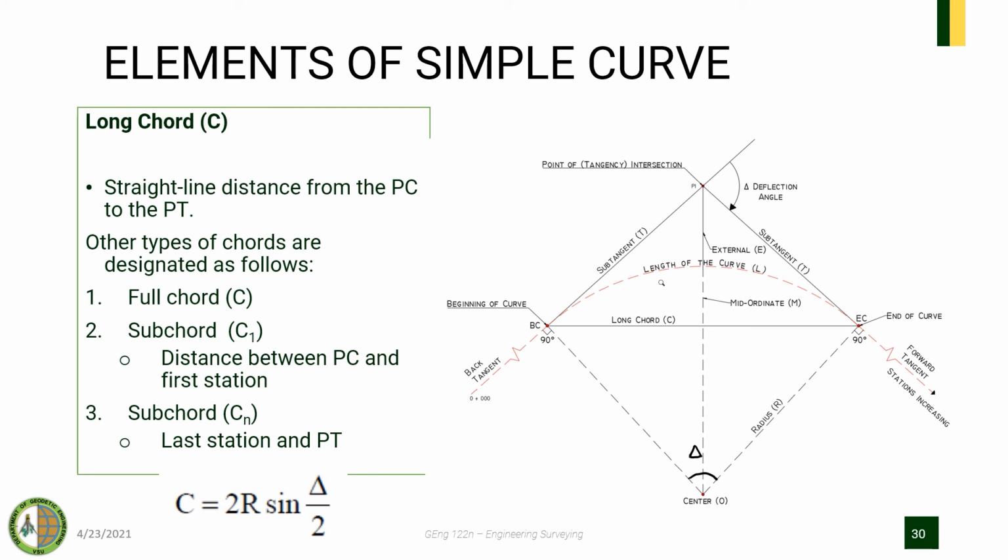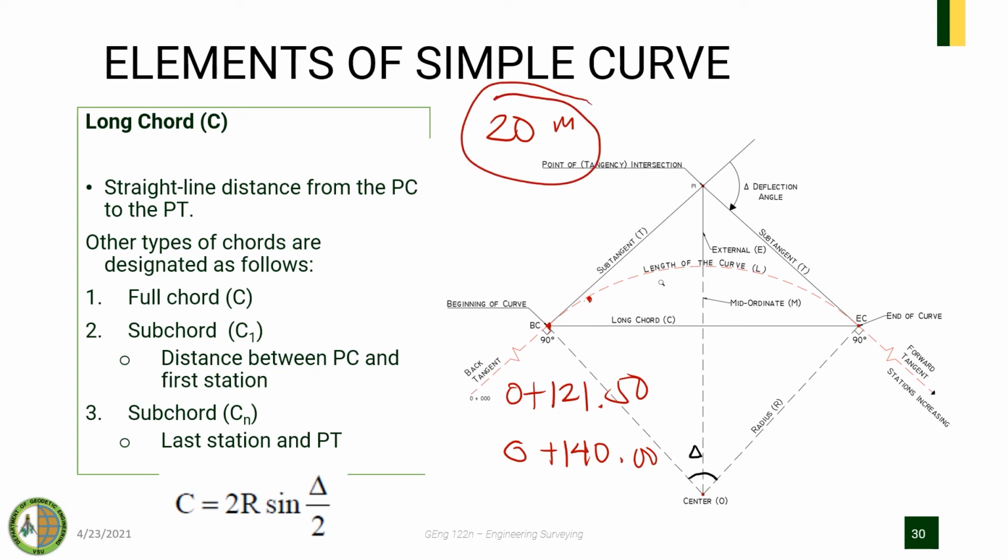If the regular interval stationing is 20 meters, and this stationing is, for example, 0 plus 121.5, what is the next full station? The next full station would be 0 plus 140. Why? Because we are using a 20-meter full stationing interval.